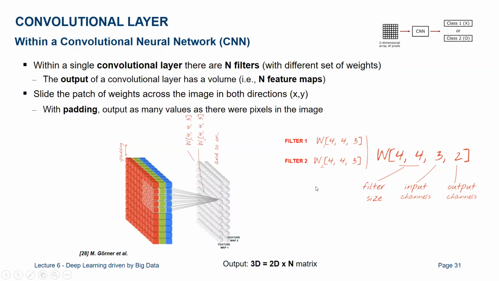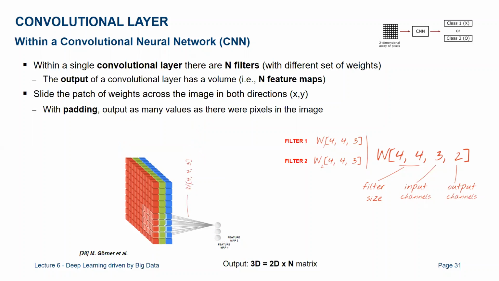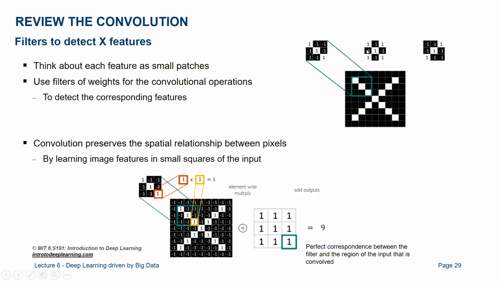If you remember the example from before, from the X, one filter is not enough. You might need different filters that have to be learned in order to be sure that you identify the 3 particular features that define, in this case, the X, right?